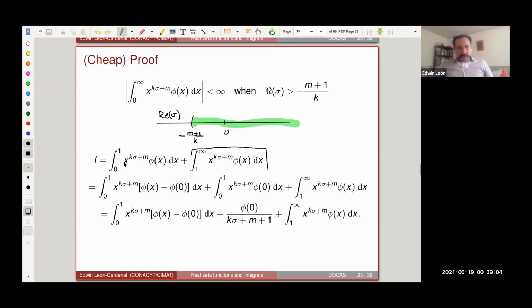The problem is here: if x is 0, this may be problematic. So I will focus on this first integral, and I'm going to separate it in the following way. I'm going to add and subtract phi of 0.